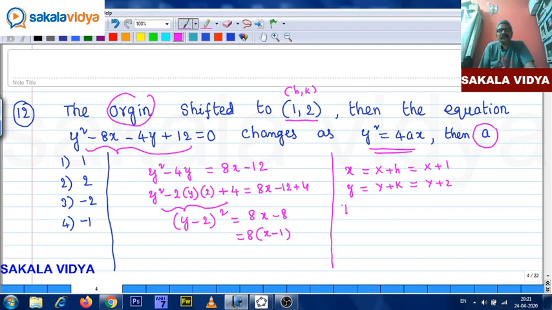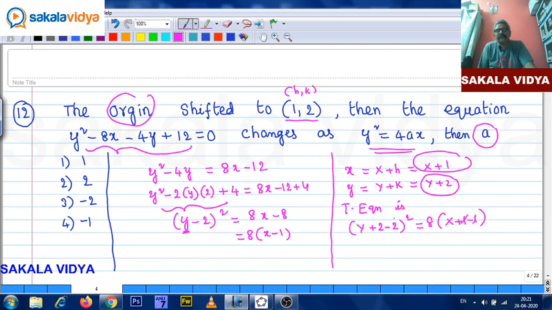So now the transformed equation, the new equation is, in the place of y write y plus 2, in the place of x write x plus 1. We get y plus 2 minus 2 whole square equals 8 times capital X plus 1 minus 1.